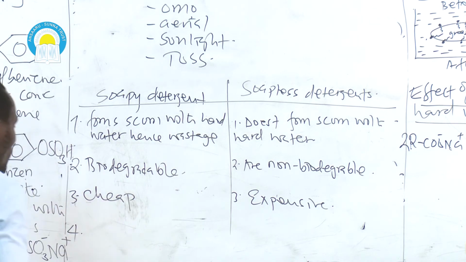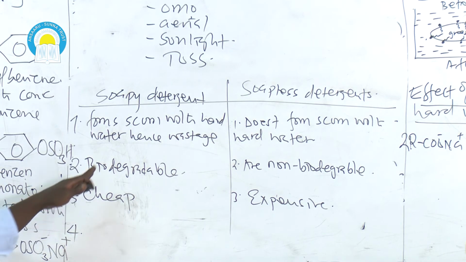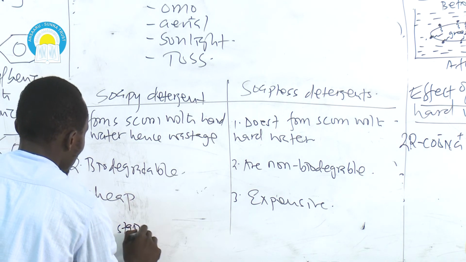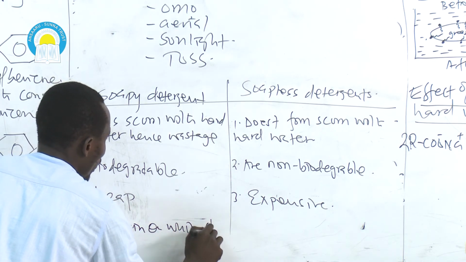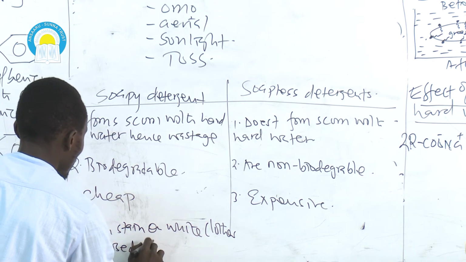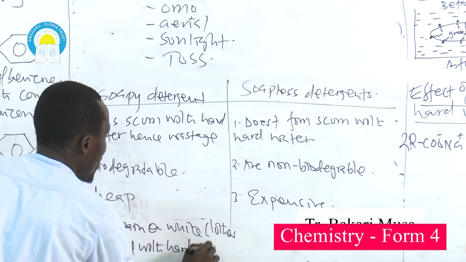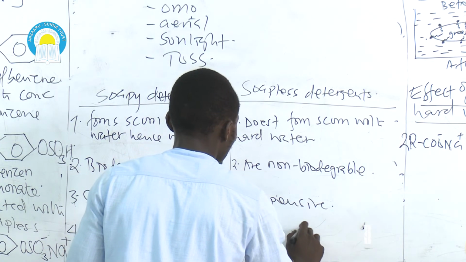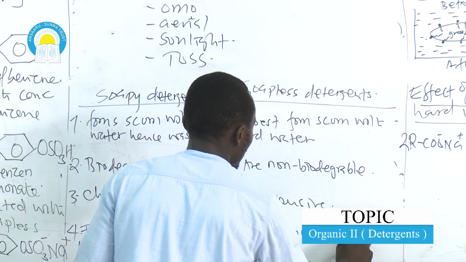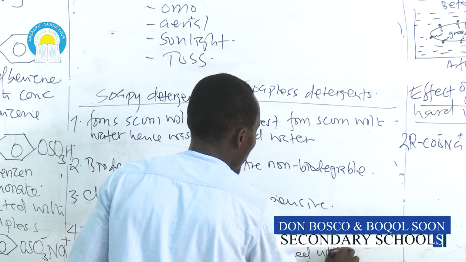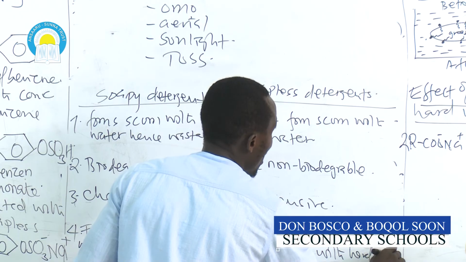The fourth one: the soapy detergent forms stain on white clothes when used with hard water. The soapless detergent does not form stain when used with hard water.